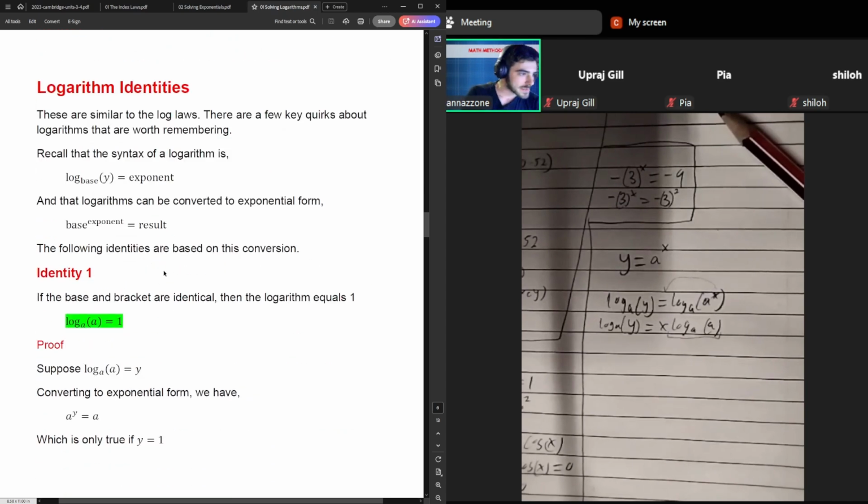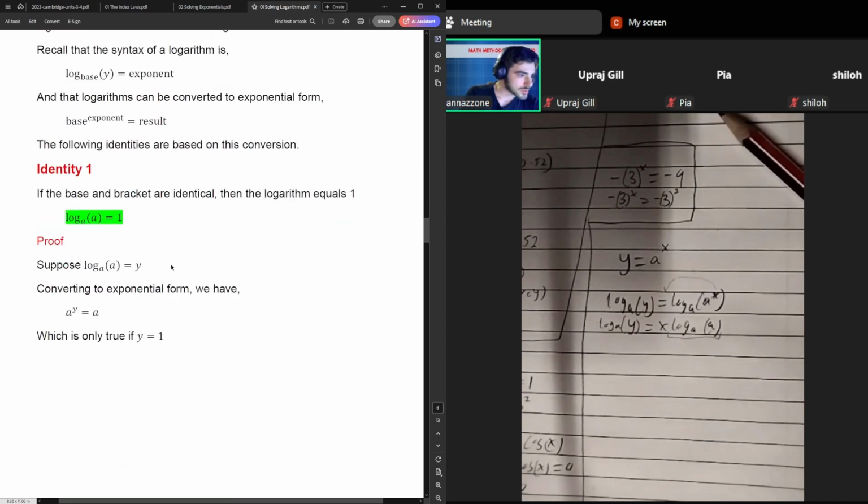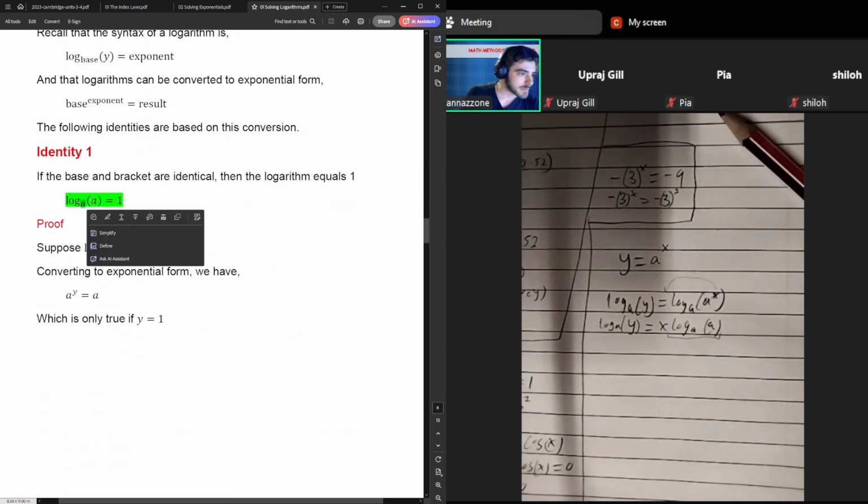Now, one of the key things about a logarithm is that if you have same base and bracket that I'm pointing to in the screen share version, if you have this identity here, this same base and bracket, it will always equal 1 no matter what. Now, the proof of this is somewhat cyclical in the sense that you prove it by converting to exponential. We'll ignore that nuance there for a moment.